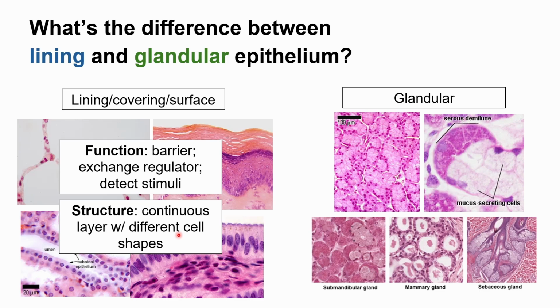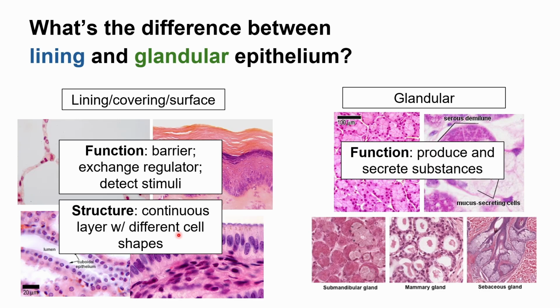Okay? While for the glandular epithelium, its main function is not really to serve as a barrier, but its main function, stemming from its name, is to produce and secrete substances. Okay?